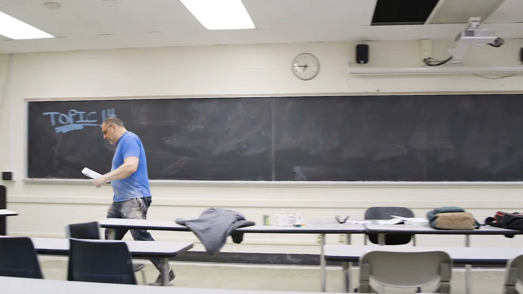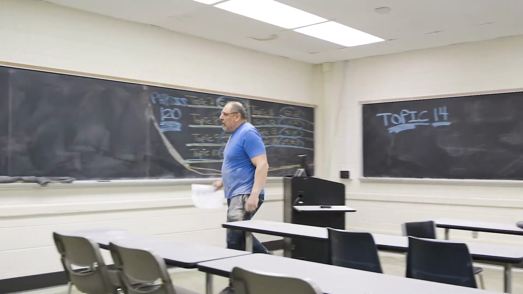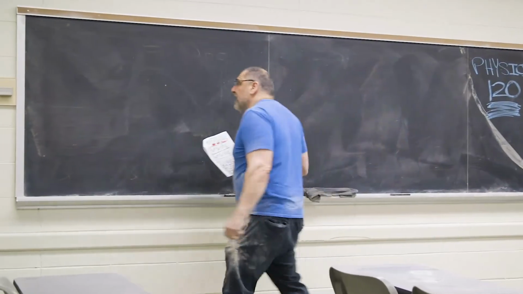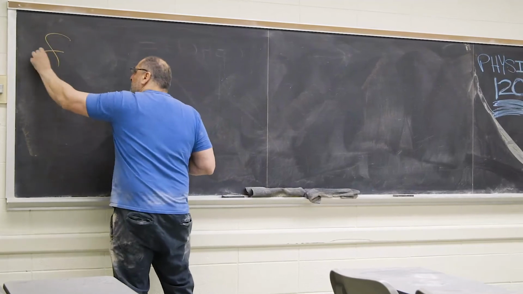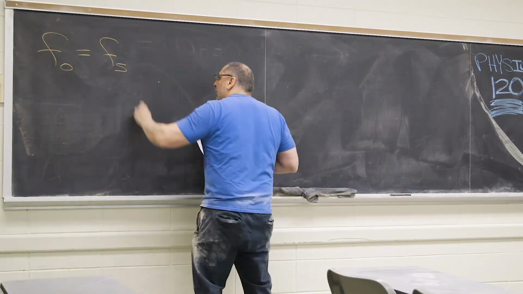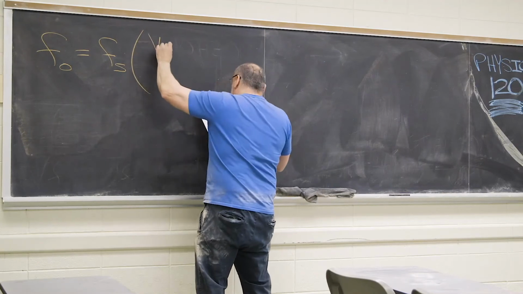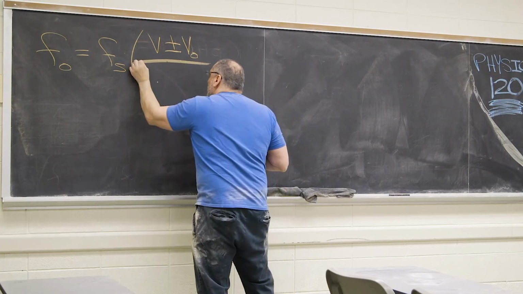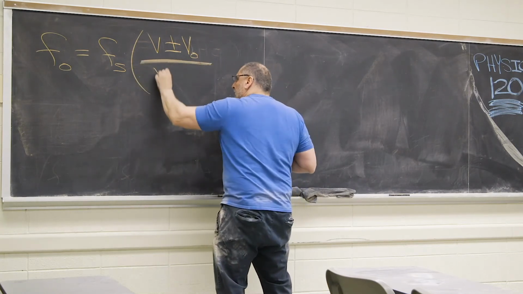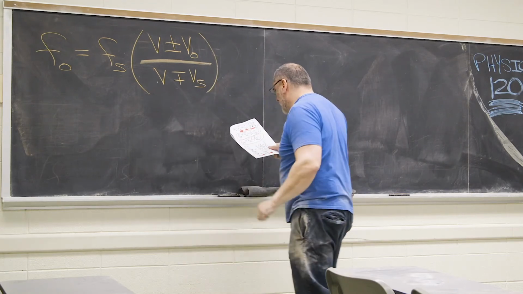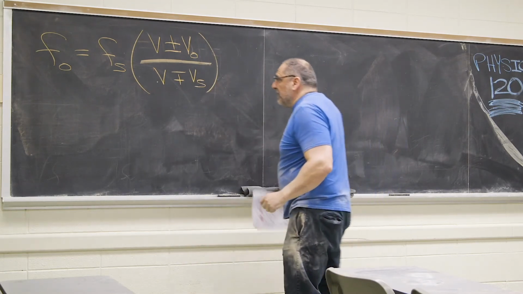So we know a bunch. And like I said, I erased something I didn't want to erase, but that's all right. We'll put it here again. Fo equals Fs, (V plus or minus Vo) over (V plus or minus Vs). Let's see what's going on here.